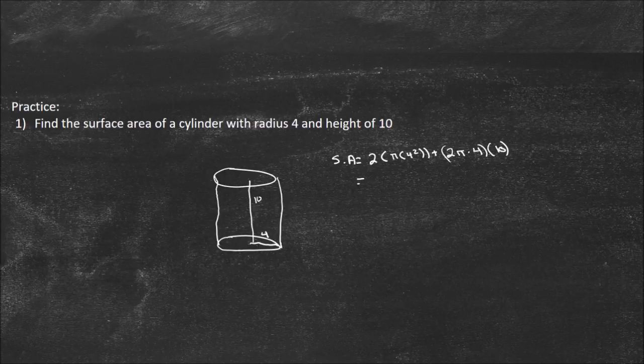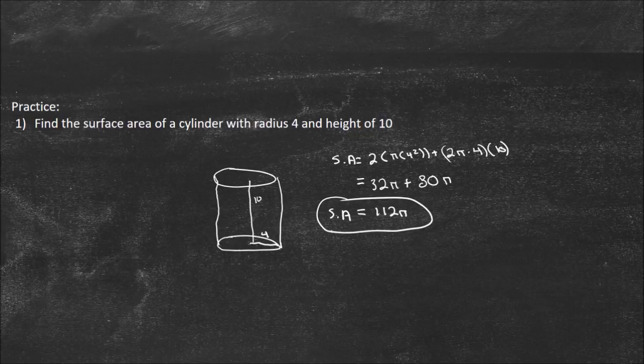So now surface area equals 2 times 4 squared is 16, so that's going to be 32 pi, plus 2 times 4 is 8, times 10 is 80 pi. And that gives me an answer of 32 plus 80, which is 112 pi is the surface area of this cylinder right here.